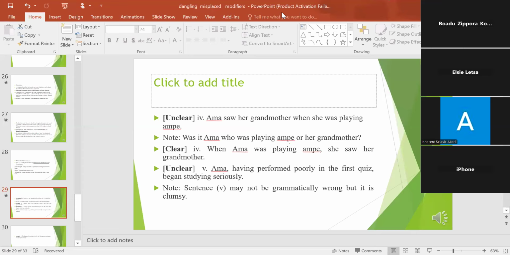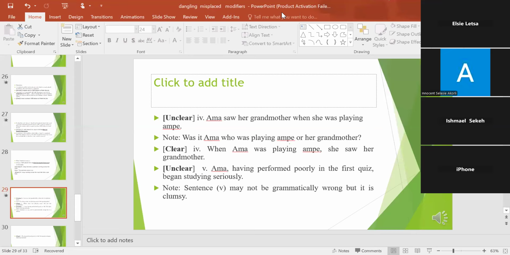Could be correct. Yes. Grandmother was playing ampe when she saw Mary. There is no Mary in the sentence anyway.